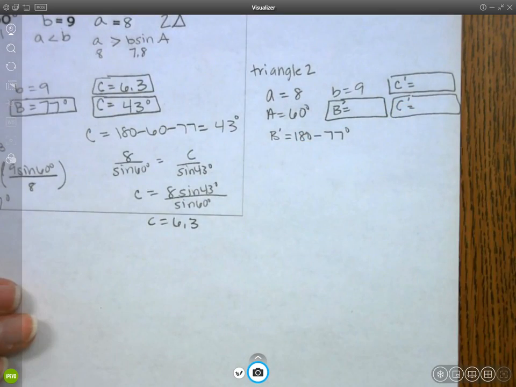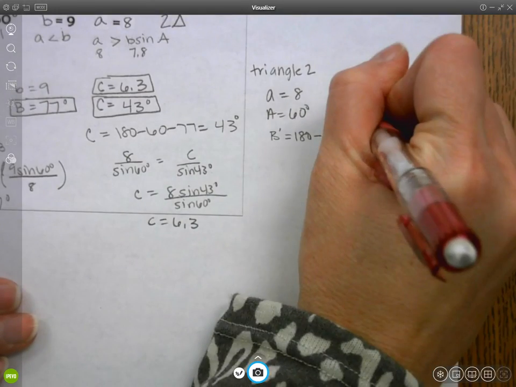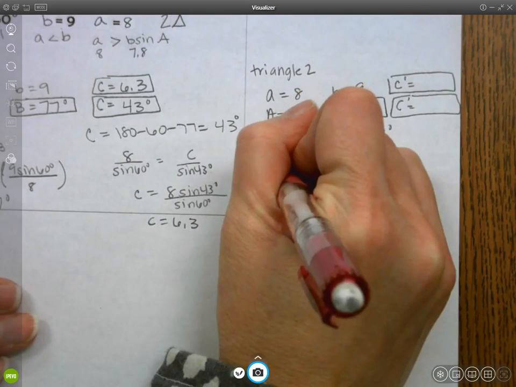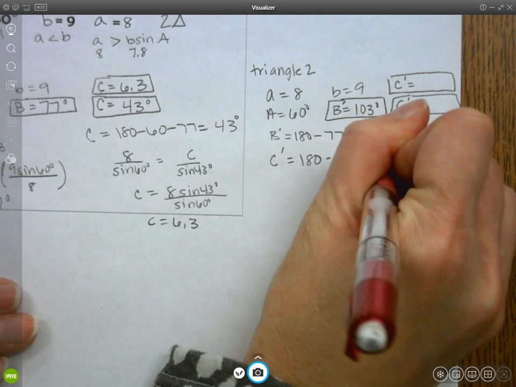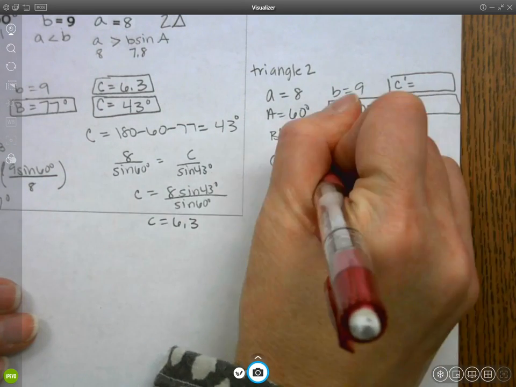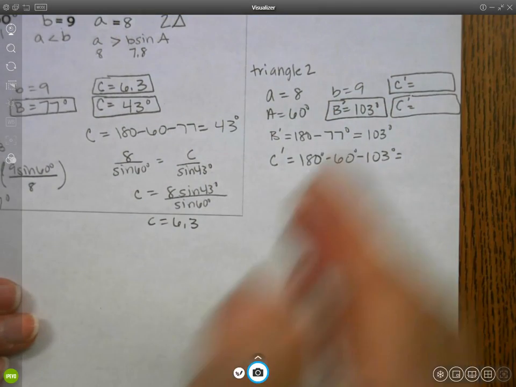So regular angle B was 77. So we do 180 minus 77, we get 103. Then to find C prime, we can do 180 minus 60 minus 103. So that gives me a pretty small angle, 17.